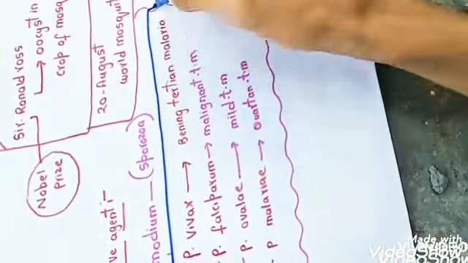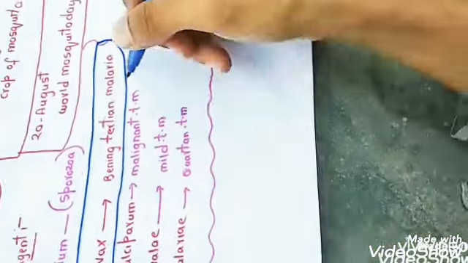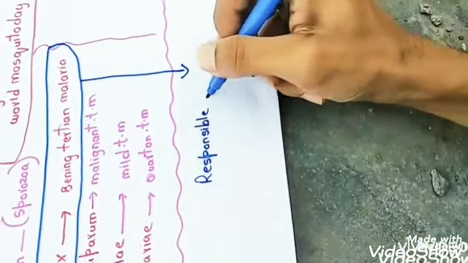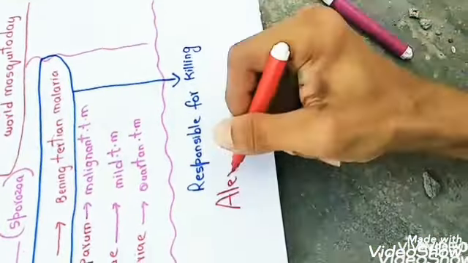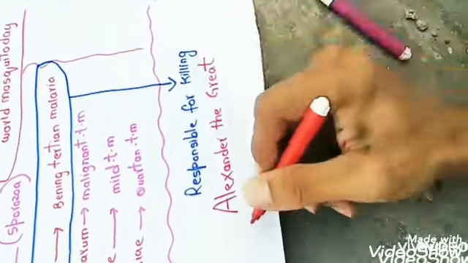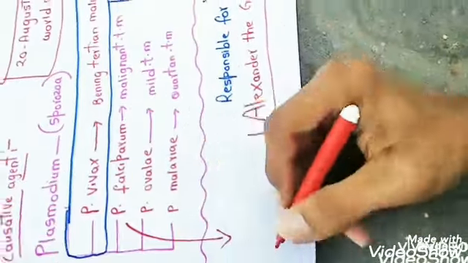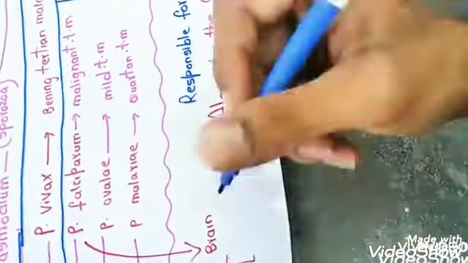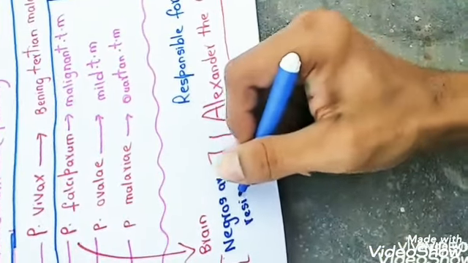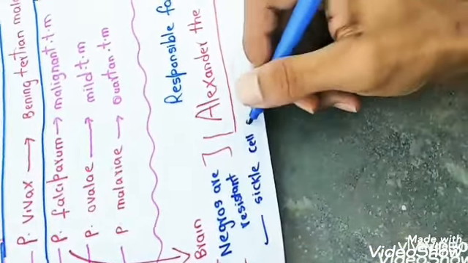In this video, we'll discuss the life cycle of vivax. It is said to be responsible for killing Alexander the Great, which you all know. Falciparum is associated with brain disease, and Africans are usually resistant to falciparum because of sickle cell anemic blood.